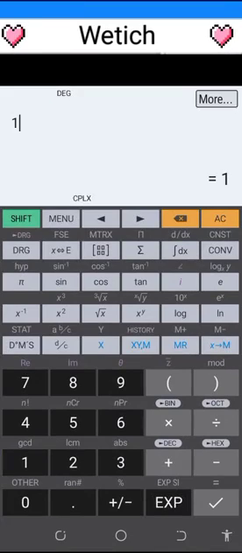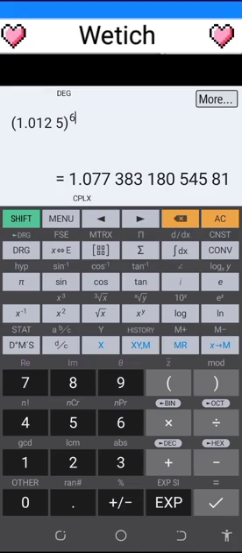So we have 1.0125 raised to the power of 6. What do we have? We have 1.077. Now I'm going to reduce it to 2 decimal points, so I will approximate it. If I approximate, I'll have 1.08.